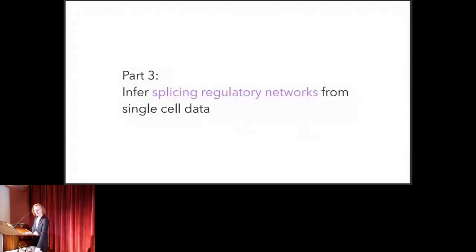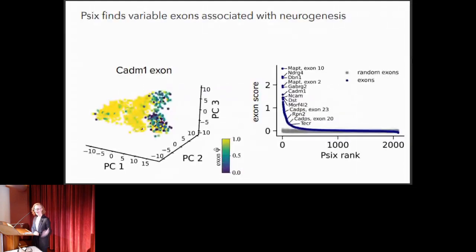And so then we thought, okay, here we have a whole set of exons that change across a developmental process, but what we're really interested in is what's regulating those exons. And splicing regulation is complicated. It's mostly done by splicing factors that bind to pre-mRNAs and affect the choice of splice sites.